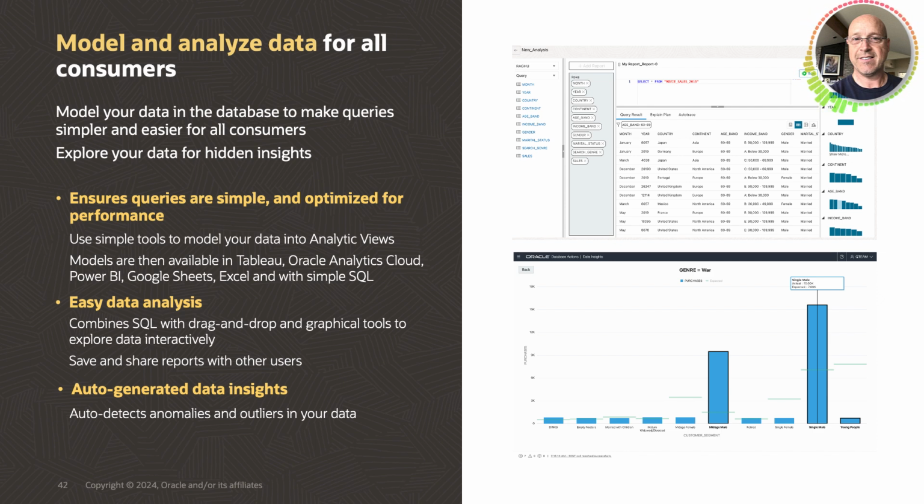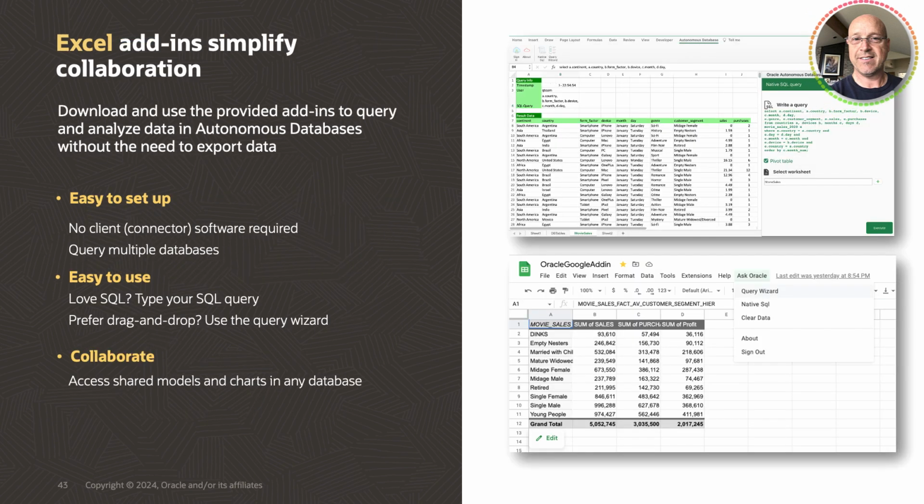And maybe I'm jumping ahead a little bit, but basically you can create this rich set of views off of your data, expose it out to popular tools like Tableau, Power BI in Azure, in Oracle Cloud or Oracle Analytics Cloud, right? And expose these models, and then ultimately you can share them out.